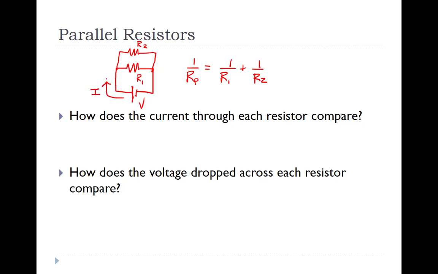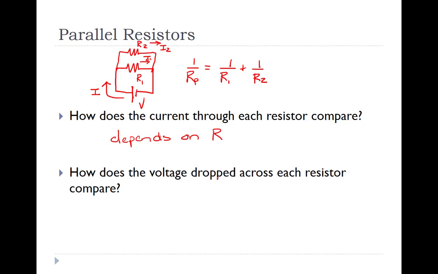So if the battery produces a current of I, then let I1 go through R1 and I2 go through R2. How does the current through each resistor compare? It depends on whatever R is. The smaller resistor will have a bigger current.